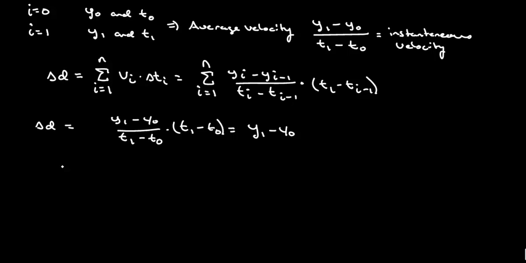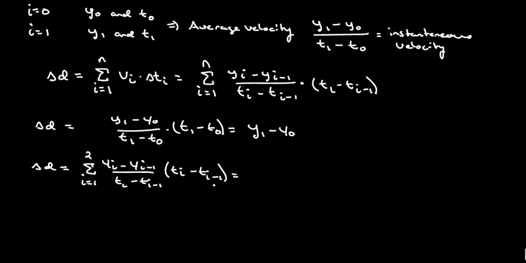Now let's check the change in distance when we go from i equals 1 to 2 of (y_i minus y_{i-1}) over (t_i minus t_{i-1}) times (t_i minus t_{i-1}). Okay. Now, of course, this reduces, right? We can cancel this with this, so we can cancel this with this. So watch what happens when I plug in 2 here.